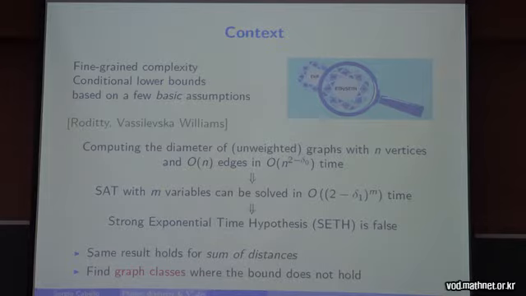If you ask most people, is P equals NP? Most people think that it's not. There are some people who think that they are equal. If you ask about the exponential time hypothesis, which tells that satisfiability needs exponential time, there are several people who think that is true, that you need exponential running time.